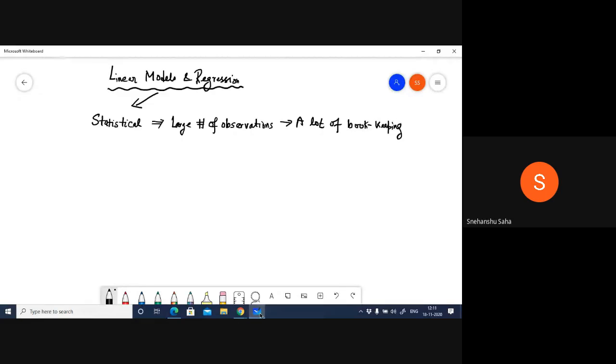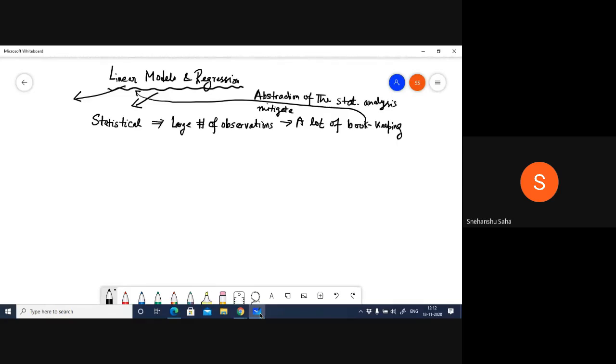Now, in order to mitigate that, we try to do some abstraction of the statistical analysis. This abstraction, to mitigate the bookkeeping, is done through linear models.